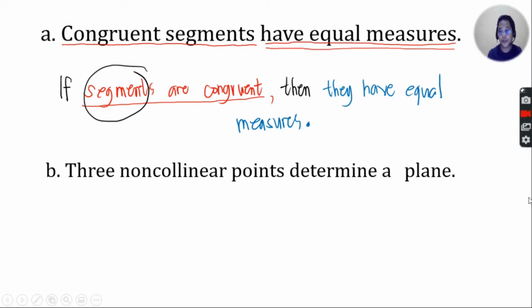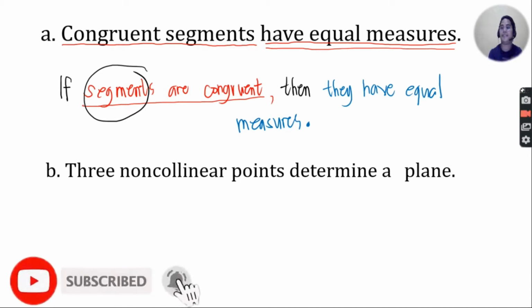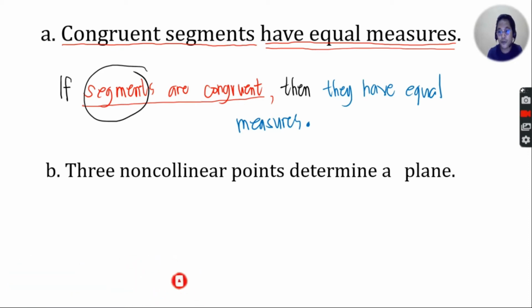Can you try letter B po? Let's wait for 30 seconds. Kung meron na po kayong answer. So, ano po yung ating magiging po yung subject ng ating sentence at ano po yung ating predicate po. So, ito pong 3 non-collinear points ay subject po natin.